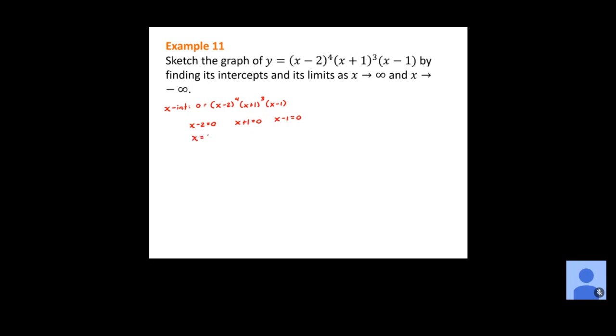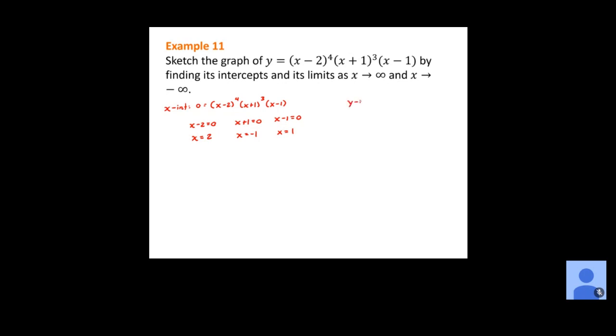So we have x equals positive 2, x equals negative 1, and x equals positive 1. Okay, so anytime you're asked for x-intercepts, set the function equal to 0. If it's already factored, just set each factor equal to 0. If it's not, you might have to do the factoring piece, right? And then you can set each factor equal to 0.